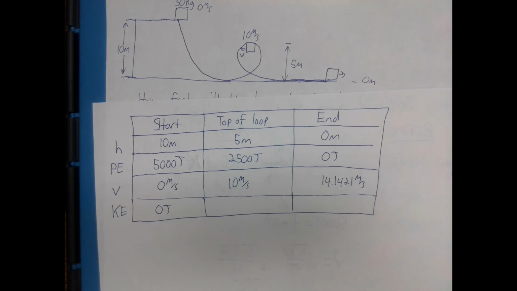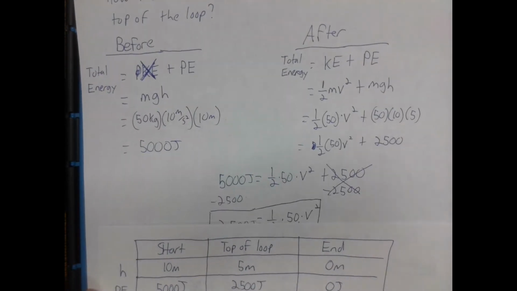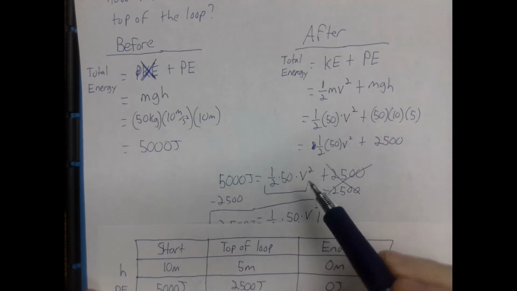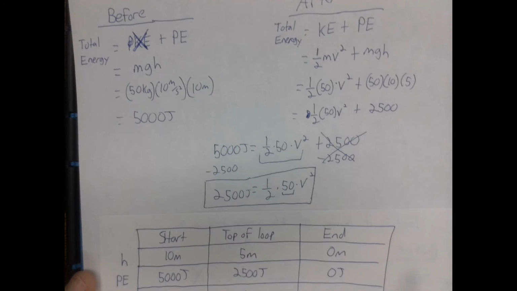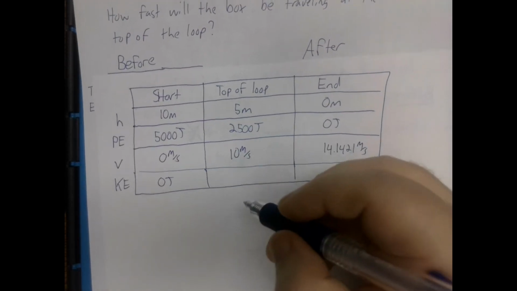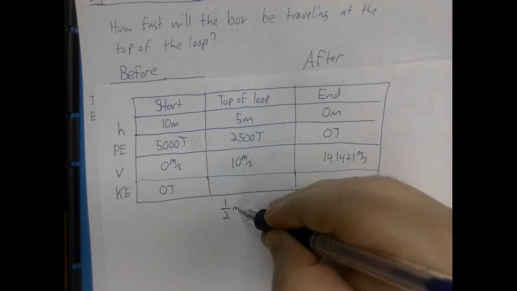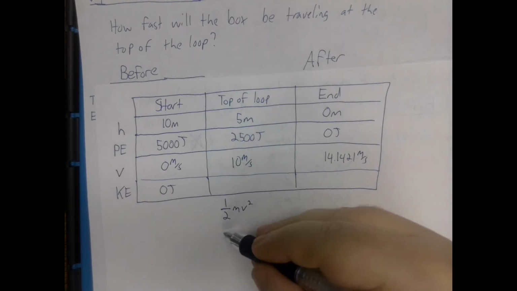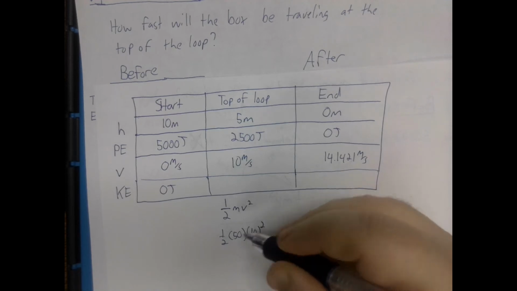The kinetic energy in the loop, let's actually calculate that. So the kinetic energy is 1/2 mass times velocity squared. That's 1/2 times 50 times 10 squared.